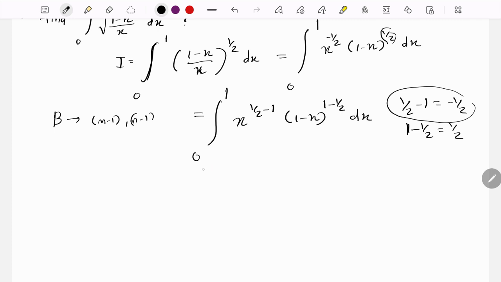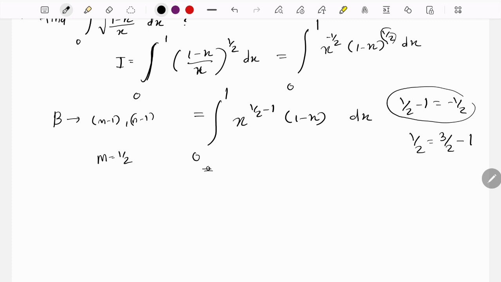Here m equals 1 by 2, and here n equals, sorry, this is not in the form of n minus 1. Sorry. So here actually 1 by 2 is equal to 3 by 2 minus 1.